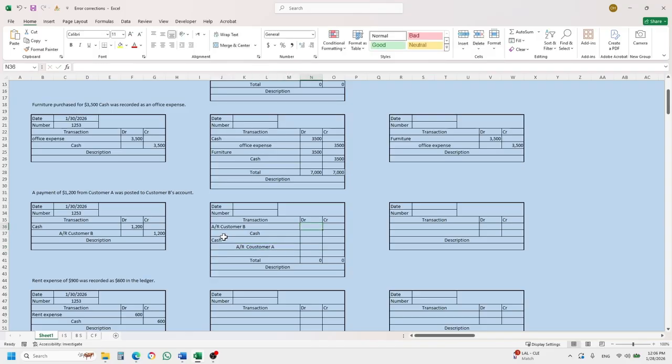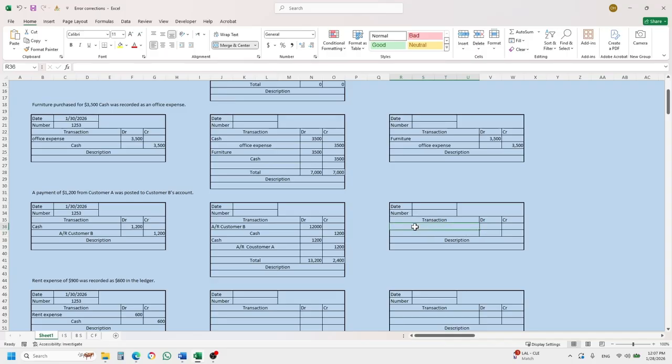The amount is 1200. Or simply, we're going to flip accounts receivable customer B and put it in debit, so the net effect between credit and debit is 0, and the other net effect, cash increases and accounts receivable customer A decreases.